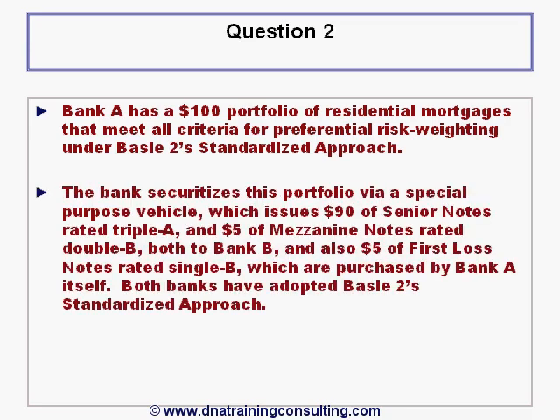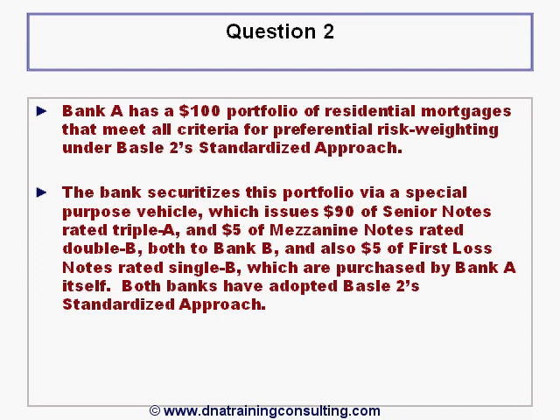The bank securitizes this portfolio via a special purpose vehicle, which issues $90 of senior notes rated AAA and $5 of mezzanine notes rated BB, both to Bank B, and also $5 of first loss notes rated B, which are purchased by Bank A itself.